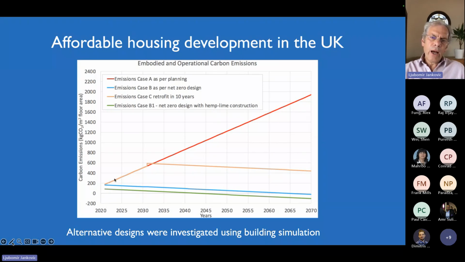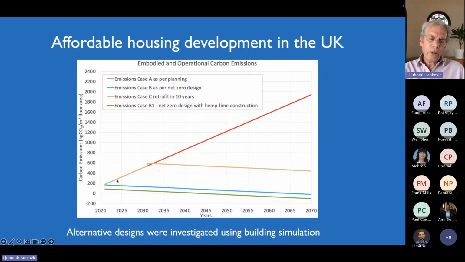And houses as designed and approved for planning were going to produce operational emissions that were going to be rising all the time. There would be no chance of achieving zero emissions with that design.